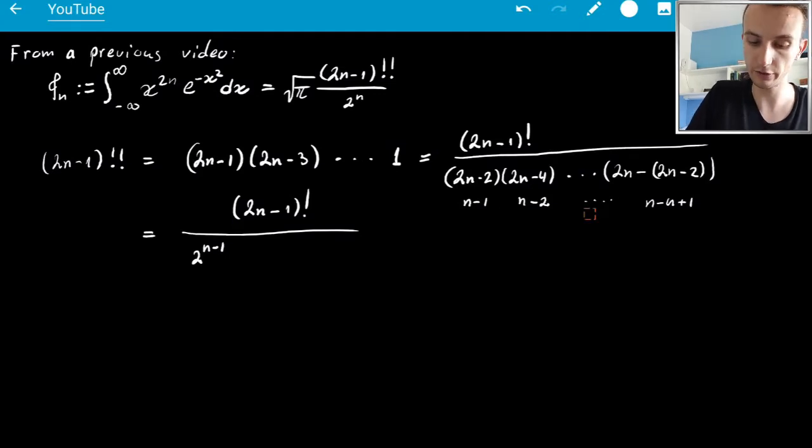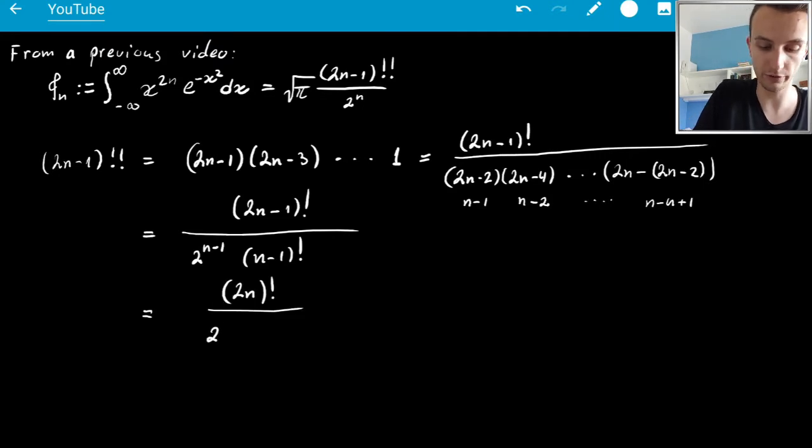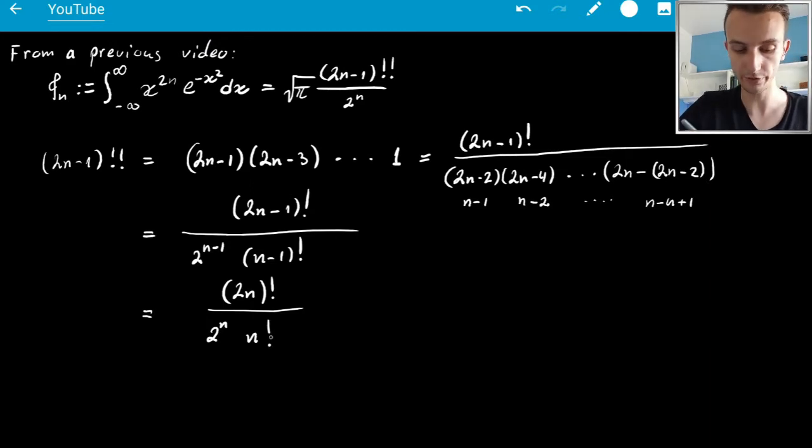And then we're just left with n minus 1 factorial, right? So n minus 1 factorial. And one more time, we can simplify this to (2n) factorial over 2^n n factorial, just including the newest term. And there we go. So this is nice, I guess.